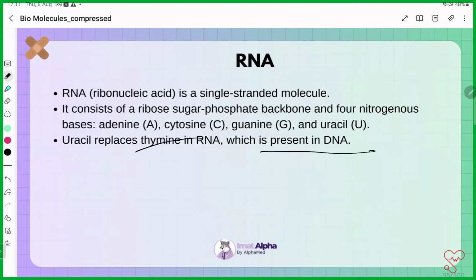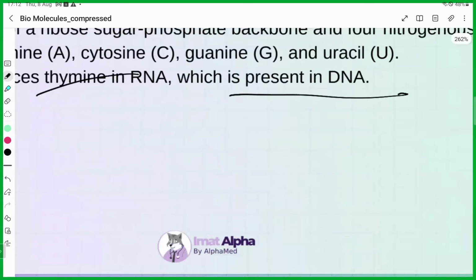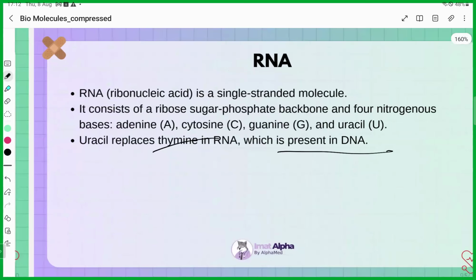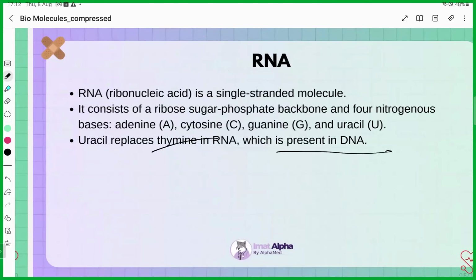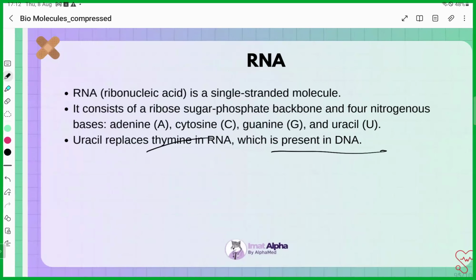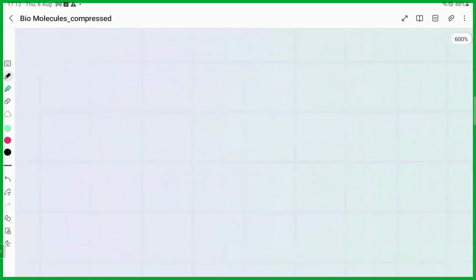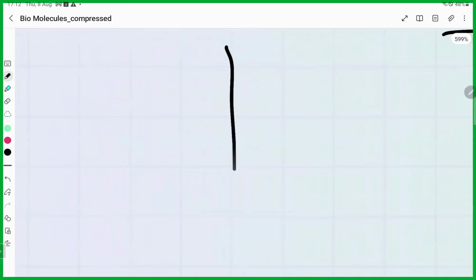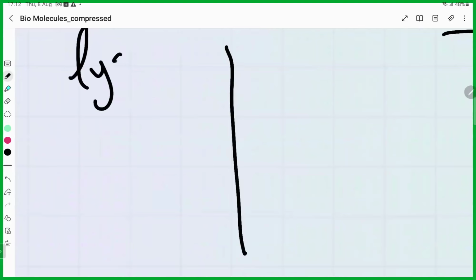Okay, so we're speaking about RNA. Guys, you remember, or I don't know if you studied or reached here, but we have 2 kinds of cycles: the lytic cycle and the lysogenic cycle.